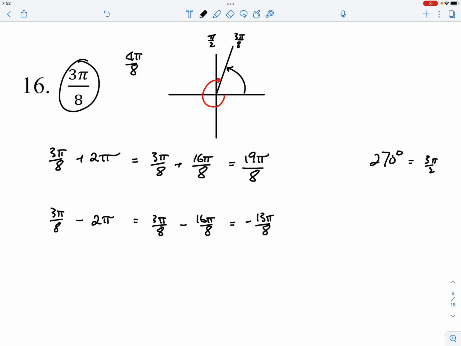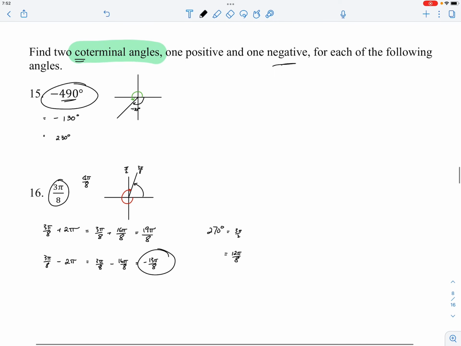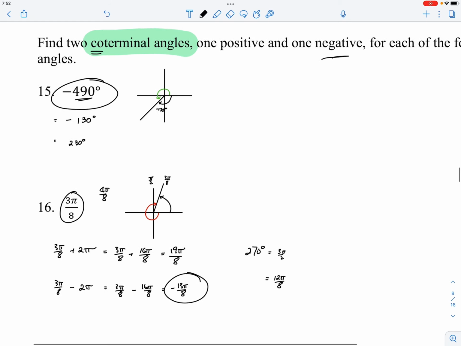If I want to express 1.5 pi with a denominator of 8, that would be 12 pi over 8. So the fact that we go clockwise for 13 pi over 8 makes sense. We go slightly more than 12 pi over 8, slightly more than 3 quadrants. So this answer makes a whole lot more sense with the picture.